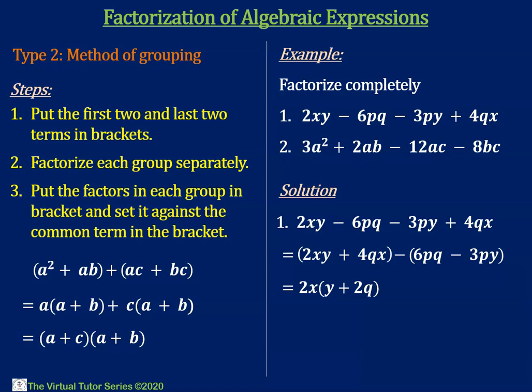So the second group factorizes into negative 3p into bracket 2q plus y bracket closed. The third step is to put the factors in each group in bracket and set it against the common term in the bracket. So we have 2x minus 3p in brackets as against y plus 2q in brackets.